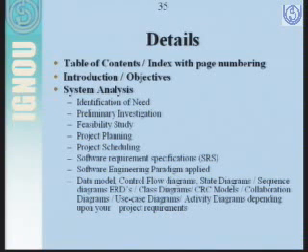The details regarding the project reports are already given in the project guidelines, but I'll roughly go through them. The project documentation should include the table of contents, index with page numbering, introduction and objectives, and the system analysis phase under which all these criteria should be covered. The documentation should be with respect to the project.